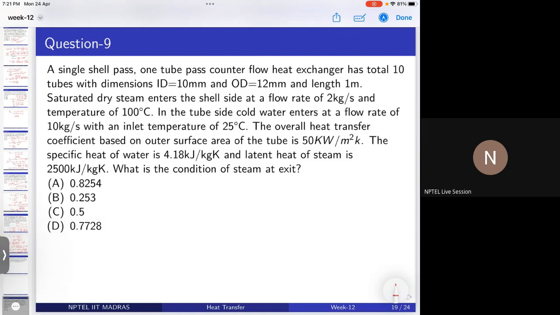That is the hot stream, and the cold stream is water. The inner and outer diameters are given, the overall heat transfer coefficient is given, the outer surface area of the tube is given, and the specific heat and latent heat of steam are all given. So what you have to find out is the exit quality of the steam.